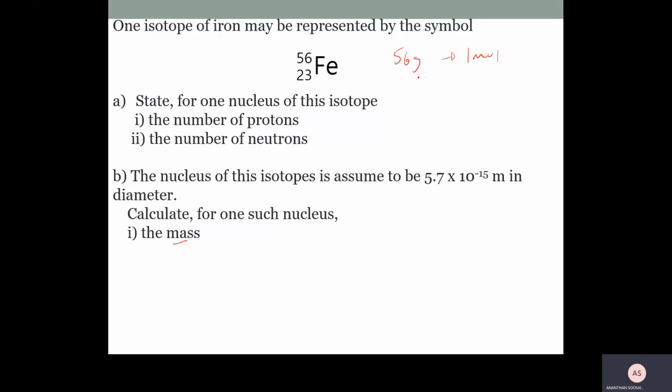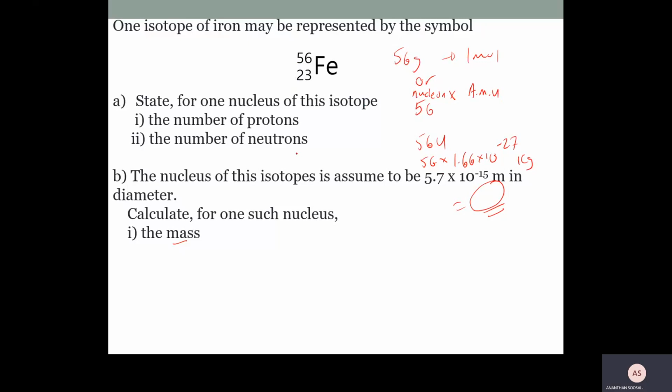Or you can do another step. The 56, the nucleon number, multiplied by the atomic mass unit, the 1 u. 56 is actually said to be 56 u. 56 times u, where u is 1.66 times 10 to the power of negative 27 kilogram. You will get the mass of one nucleus.